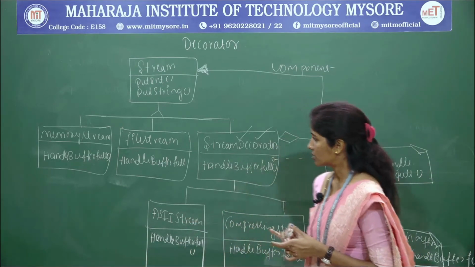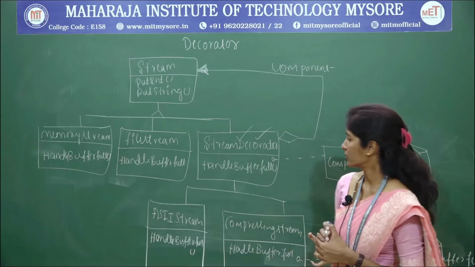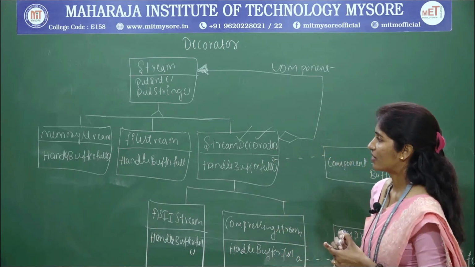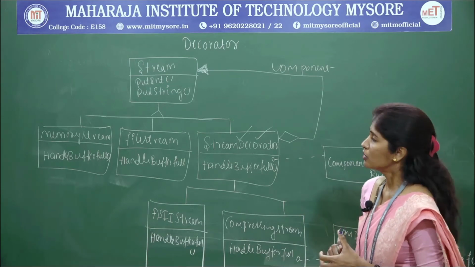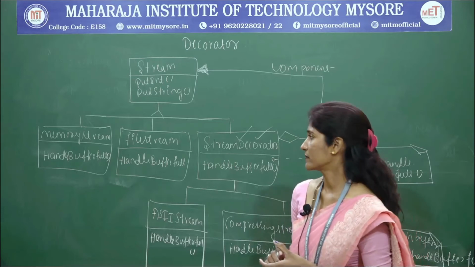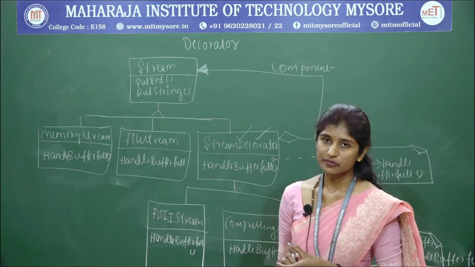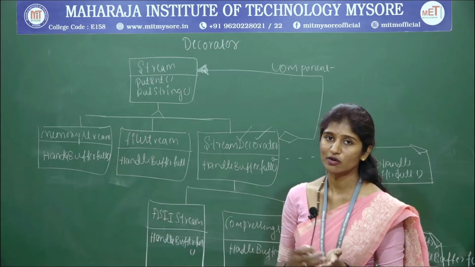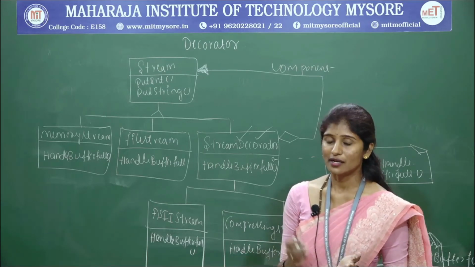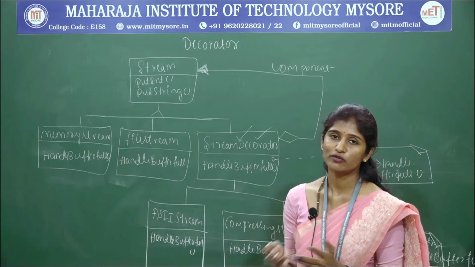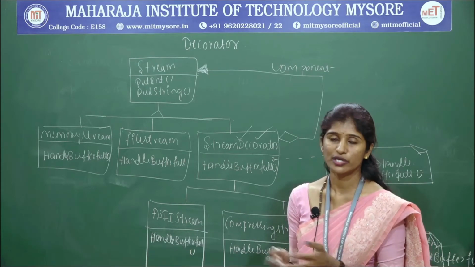That is where you are going to find the usage of the decorator design pattern. For example, it is going to have a memory stream, which handles the buffer full operations. You will be maintaining the buffer in order to transfer the data, or if you want to store the data temporarily for some period of time, you can use that buffer.